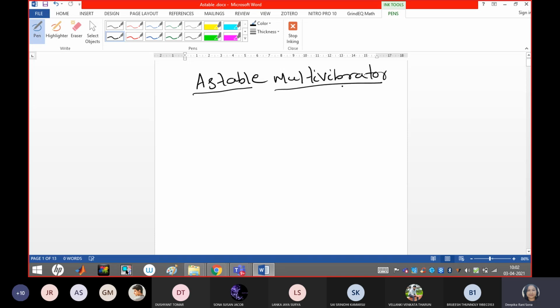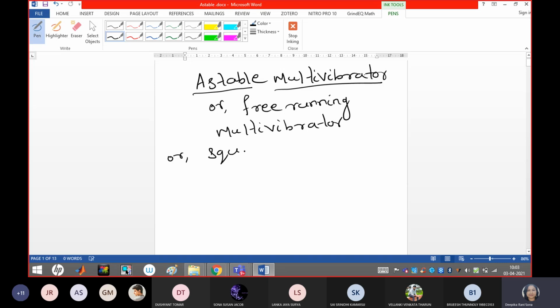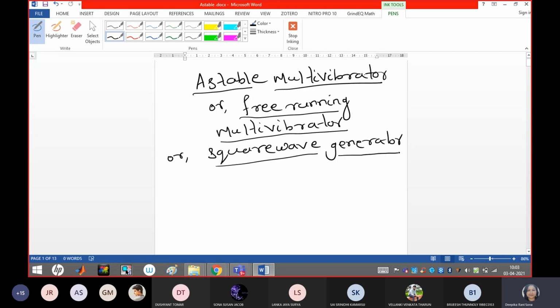Astable multivibrator, or free running multivibrator, or square wave generator, or oscillator. These are the different names for the astable multivibrator, design of astable multivibrator by using operational amplifier.